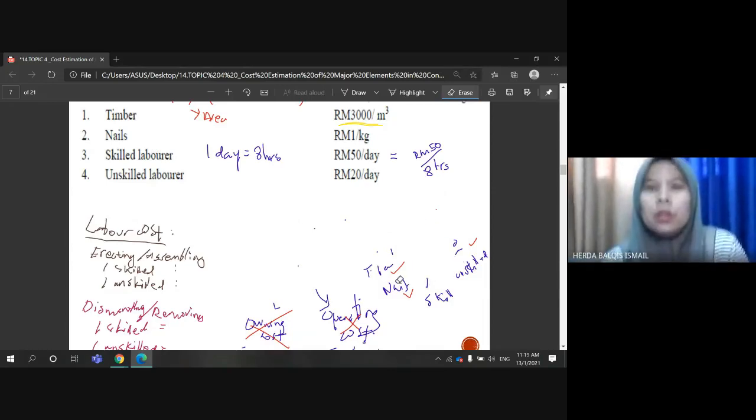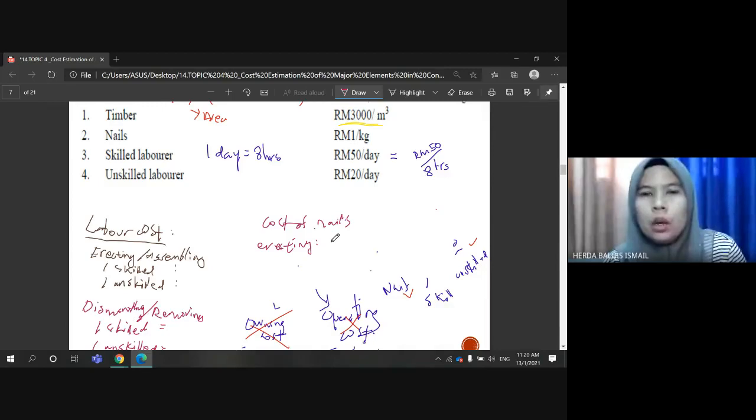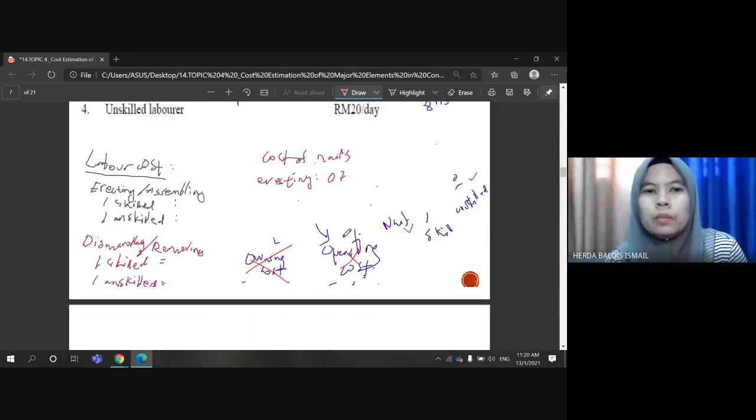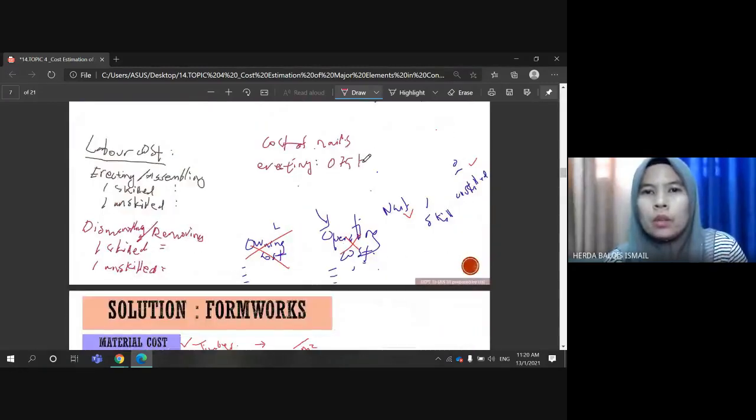For erecting, it requires 3/4 kilogram or 0.75 kilogram per cubic meter, times the volume, which is 0.076 cubic meter, times the price per kilogram, which is 1 ringgit per kilogram.